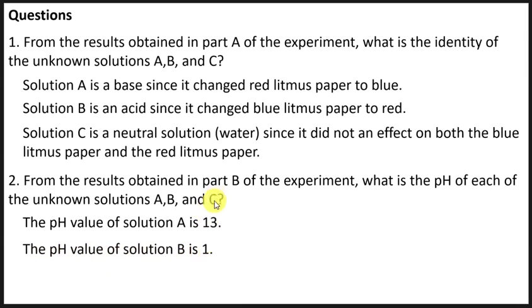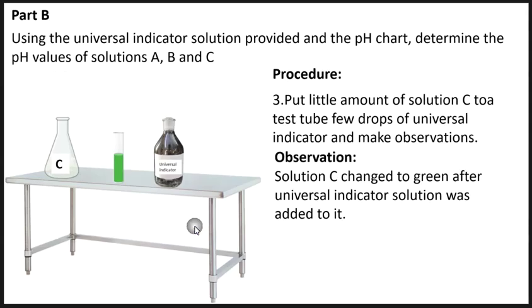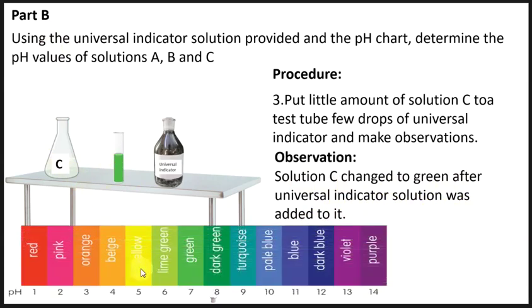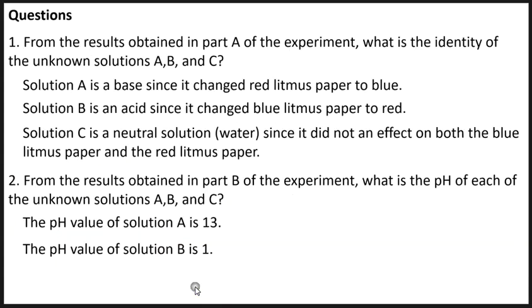Again, we'll go back to the results for solution C in part B. We saw that solution C changed to green after universal indicator solution was added to it. Green has a pH value of 7, so the pH value of solution C is 7.